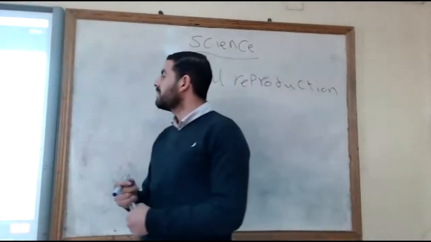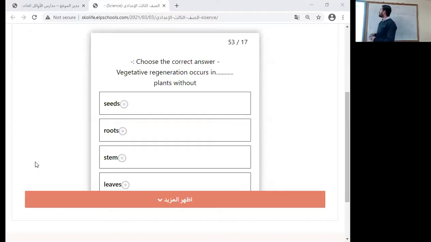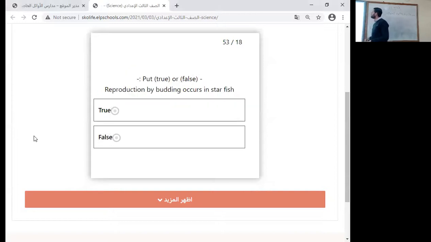So the answer is that vegetative reproduction occurs in plants without any need for seeds, the first one.